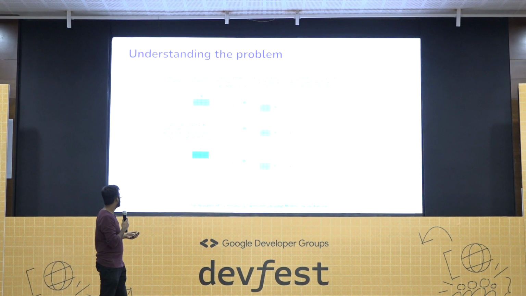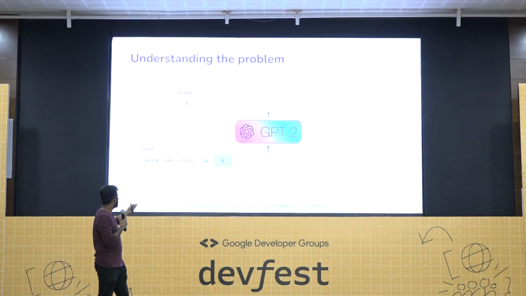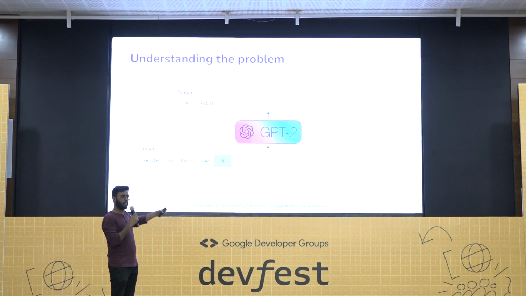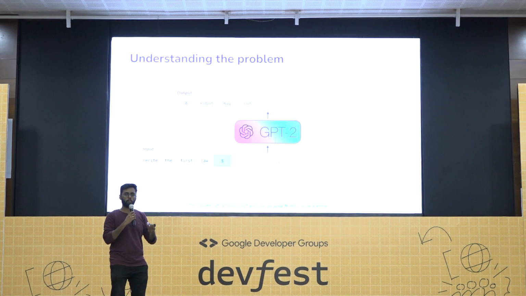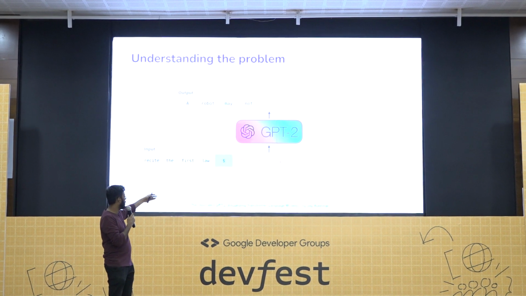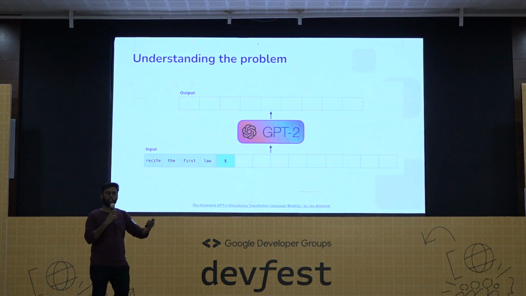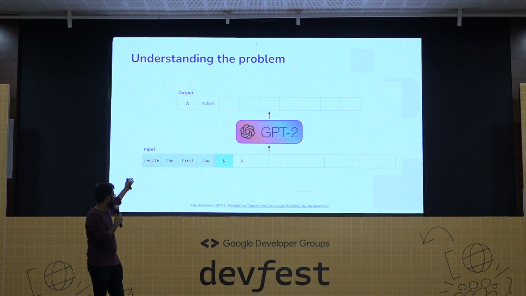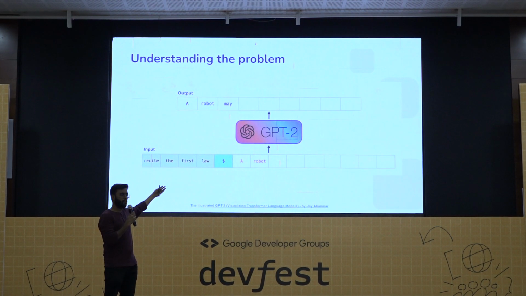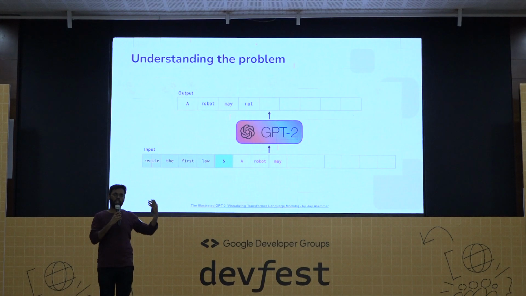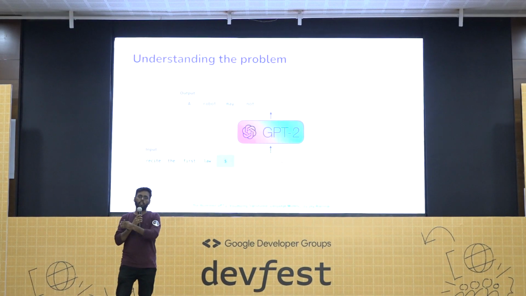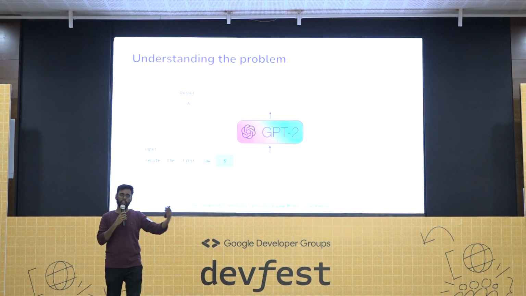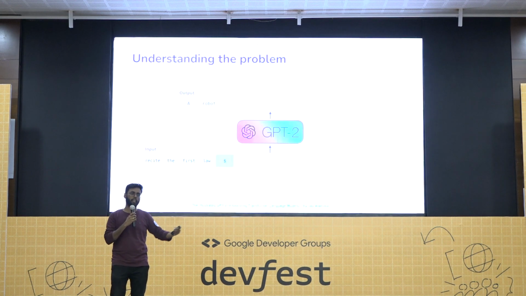For example, there will be a KV vector generated for a token A, and similarly there will be a KV vector generated for robot, and so on. And the thing is, you need the previous KV vectors to calculate the next token's KV vector as well.